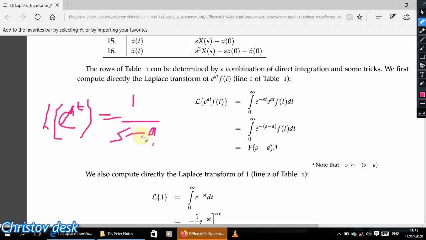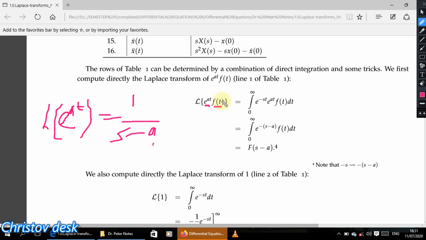But what is the Laplace of multiplying that expression, whose Laplace we know, by any function? When you multiply the e by any function and you take the Laplace, what happens is that you shift the Laplace of f of t by a.